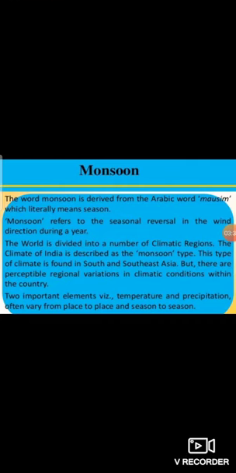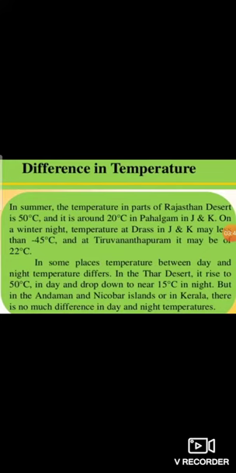Now, students, in summer, temperature occasionally rises to 50 degrees Celsius or more in some parts of the Rajasthan deserts, while it is around 20 degrees in Pahalgam in Jammu and Kashmir. Why? Because there are perceptible regional variations in climatic conditions within the country.